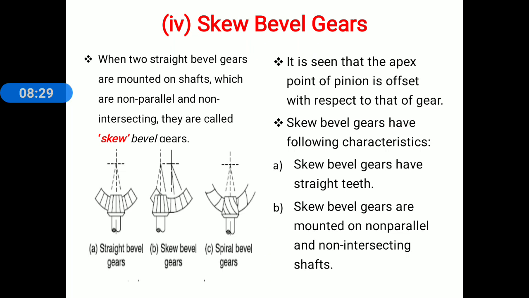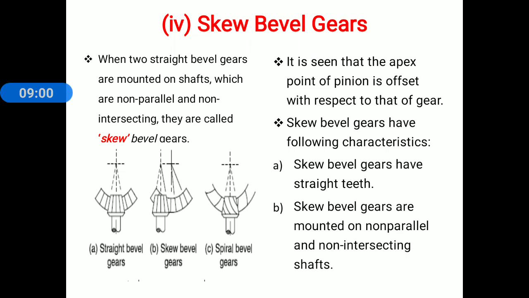When two straight bevel gears are mounted on shafts which are non-parallel and non-intersecting, they are called skew bevel gears. Okay, observe sketch B. It is seen that the apex point of a pinion is offset with respect to that of a gear.